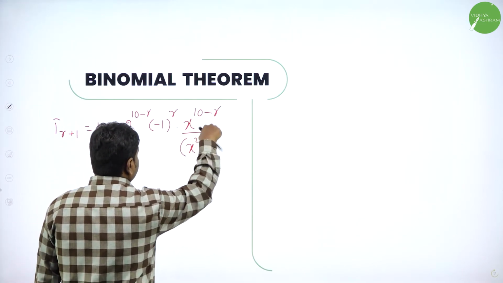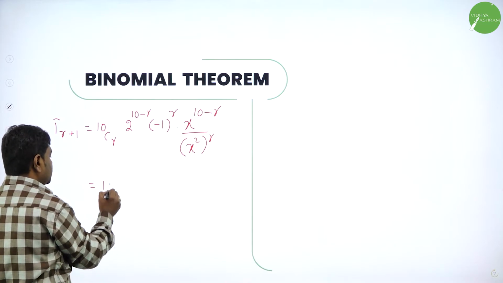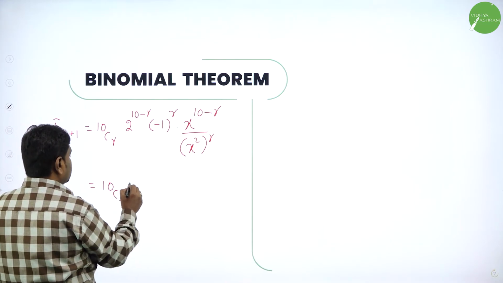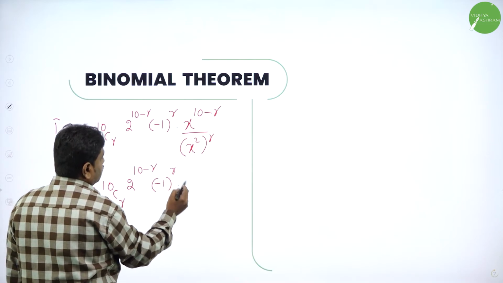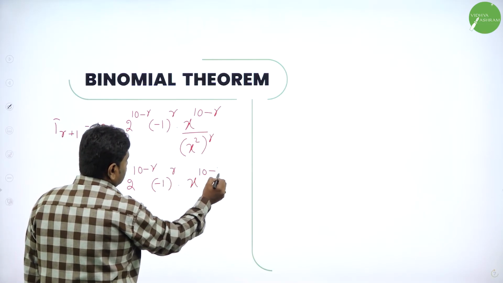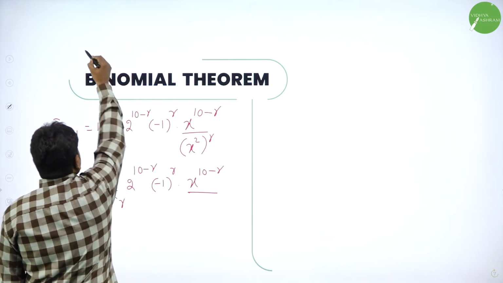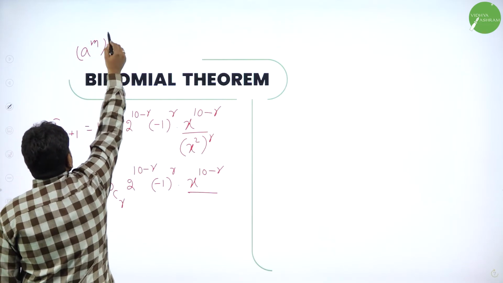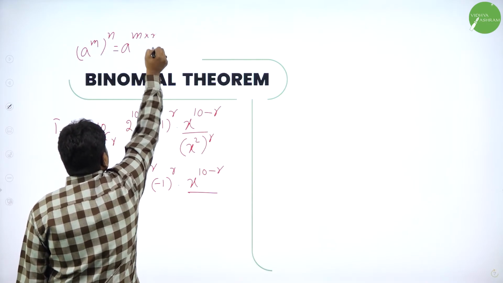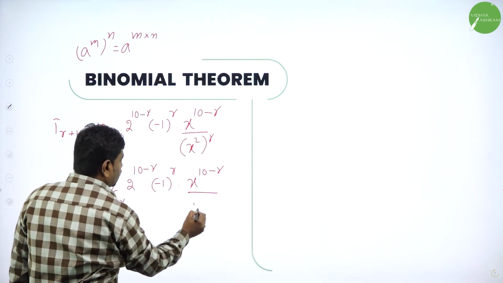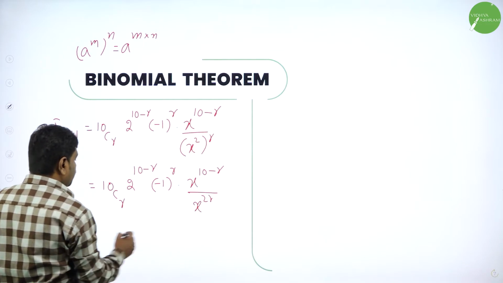Now for this we should use the law of indices. That is 10Cr 2 power 10 minus r minus 1 power r x power 10 minus r divided by, as all of you know, a power m whole power n. What is a power m whole power n? It is a power m into n. So it will become 2 into r, that is 2r. Now it is in the form a power m by a power n.